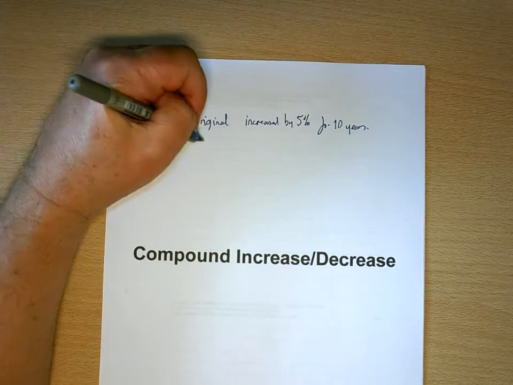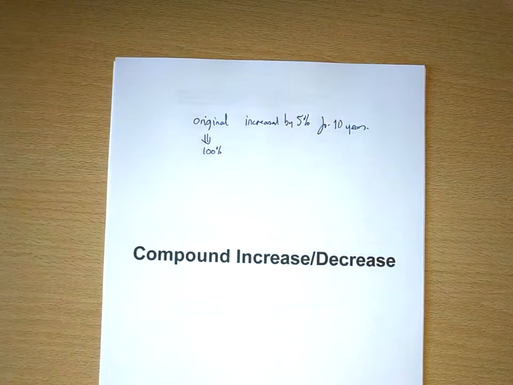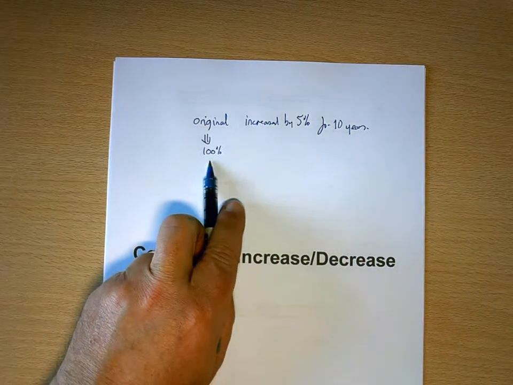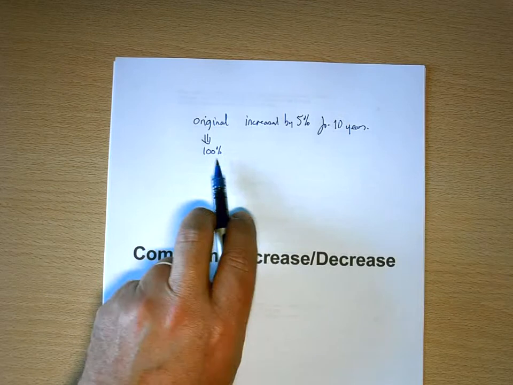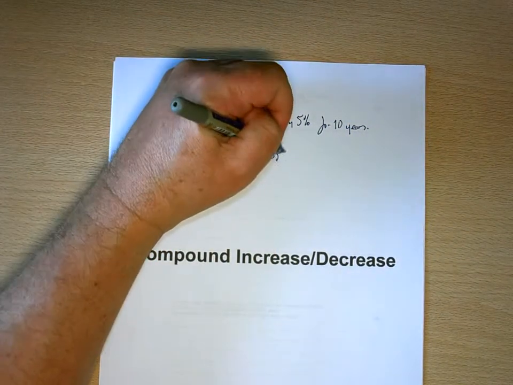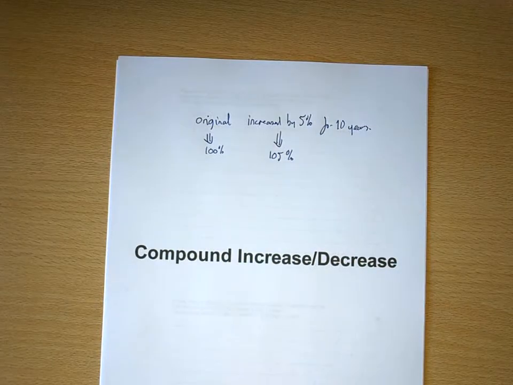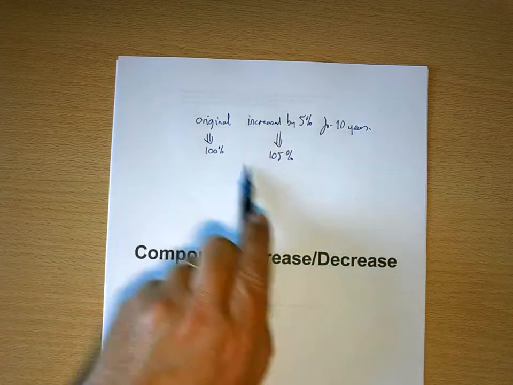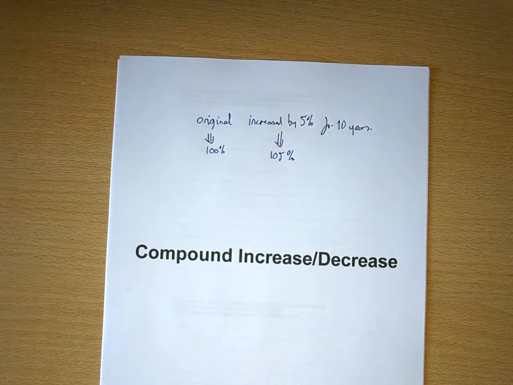The original is what we consider to be 100%. So if that is having an annual increase of 5%, that means that every year you're going to end up with the 100% plus another 5%. So that's your increase factor, and over that period of time.